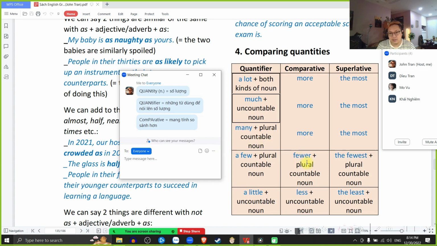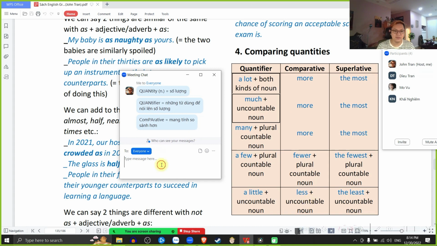And few becomes fewer, little becomes less. So little, less, the least. Few, a few, fewer, the fewest. A little, less, the least. Ít hơn, ít nhất. Một vài, ít hơn và ít nhất luôn.